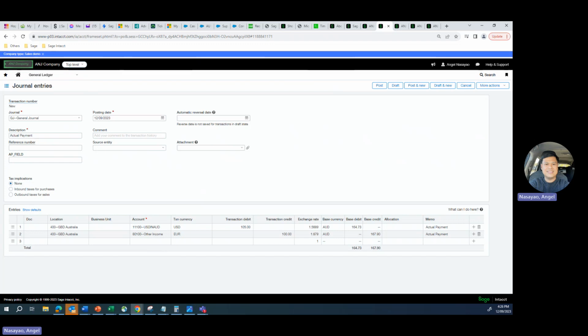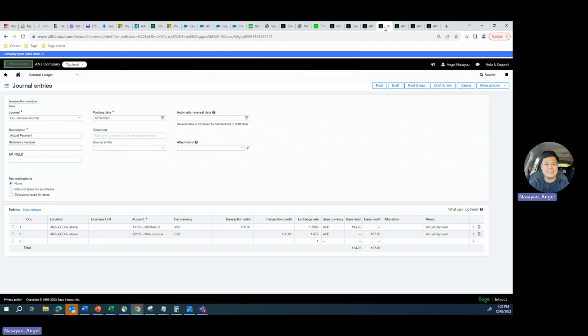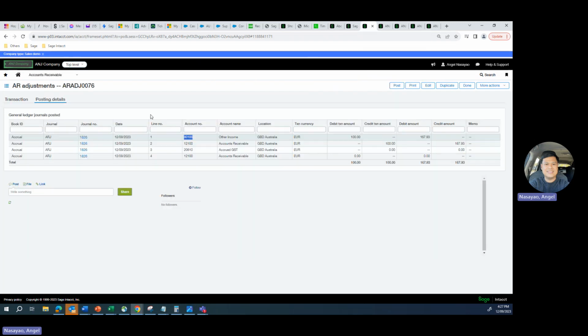So if you want 16809, we just have a look again. 16809. All right. But what's the rate? 167.93 that I have in here, right? 167.93, because this is the actual posting itself on the AR adjustments.